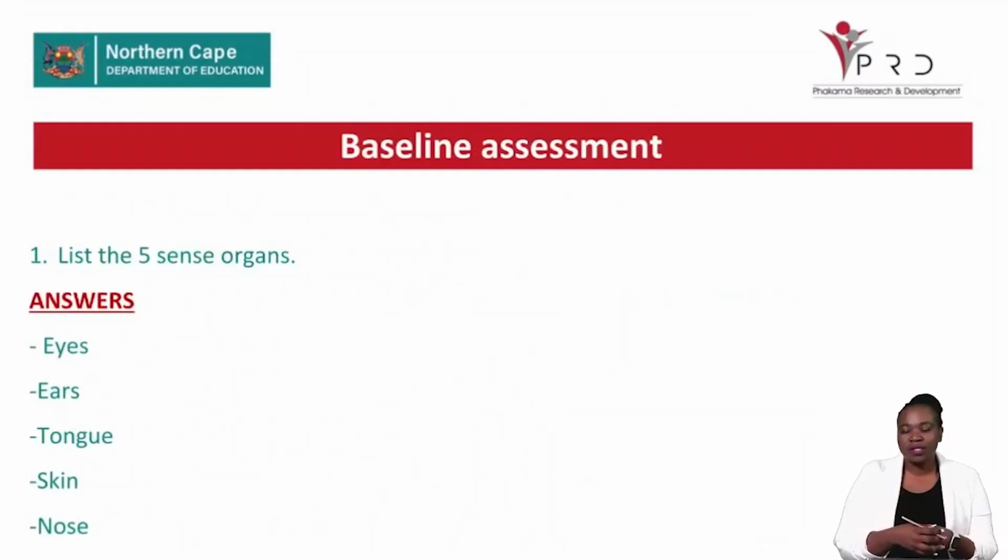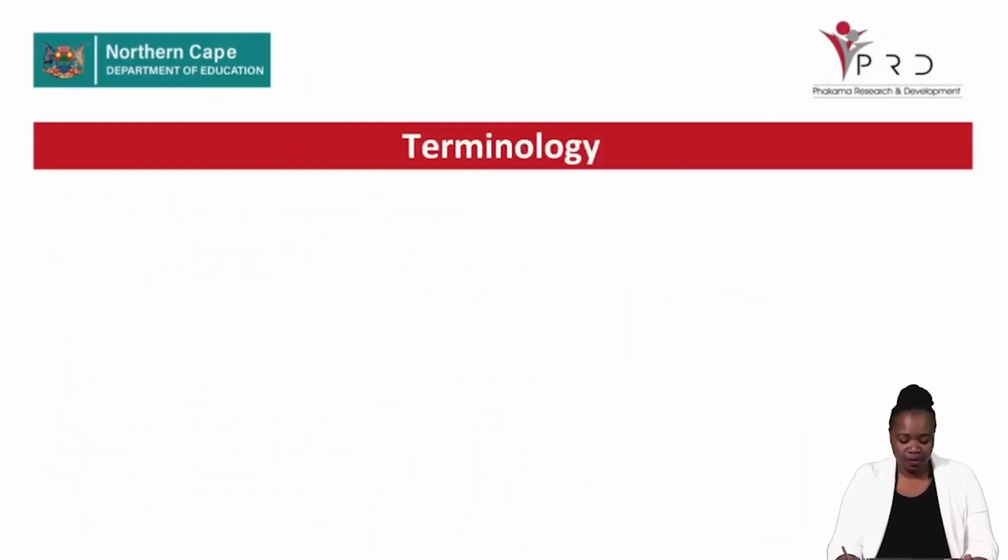So as I've said, we are going to be looking at the human nervous system and sense organs. These sense organs work together with the central nervous system. They work together with the peripheral nervous system. So we are going to be looking at the central nervous system. However, as we move on with our lesson, we are also going to be looking at the human eye, for example, the ear, and how these work together with the brain or with the central nervous system.